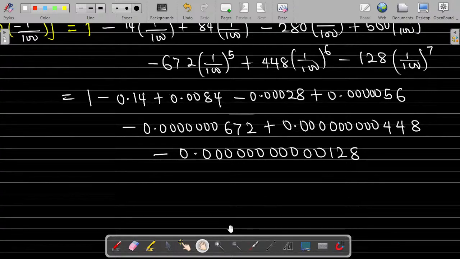So if we sum everything and subtract where we need to subtract, let's see what that is going to be.